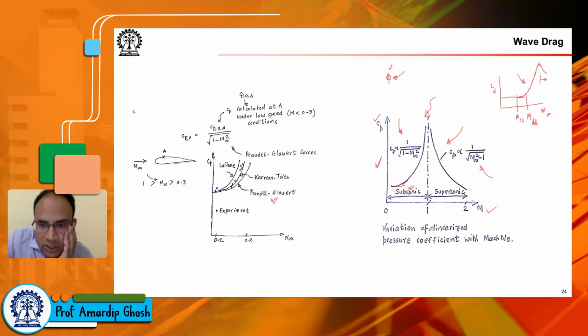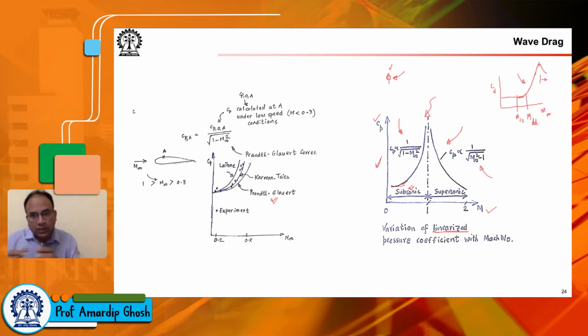So here we say variation of linearized Cp. What is important is that we are applying the velocity potential formulation to irrotational compressible flow fields. And then we are using a small perturbation approach, or we are assuming small perturbations.